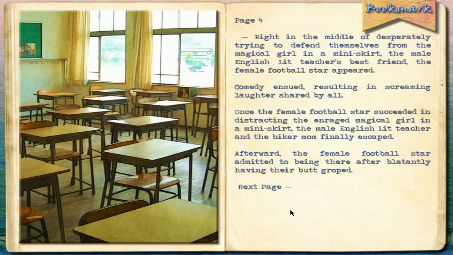Comedy ensued, resulting in screaming laughter shared by all. Once the female football star succeeded in distracting the enraged magical girl in the miniskirt, the male English literature teacher and the Biker Mom finally escaped. Afterwards, the female football star admitted to being there after blatantly having their butt groped.